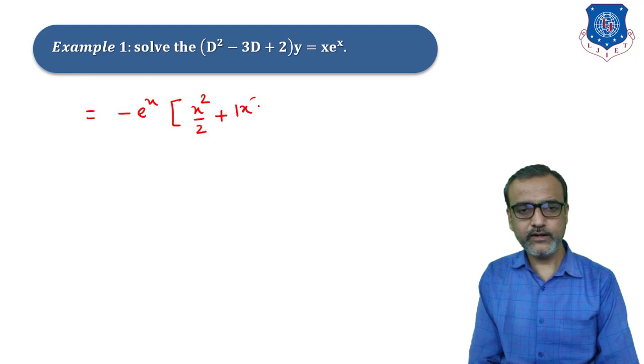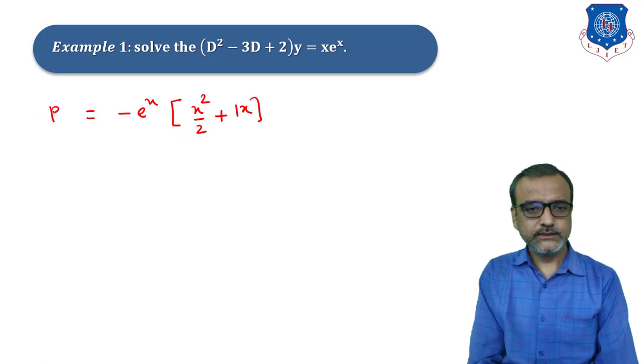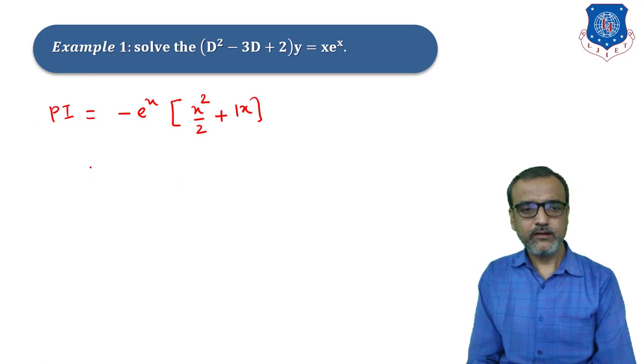So this is the required PI. Now the general solution is y equals CF plus PI.